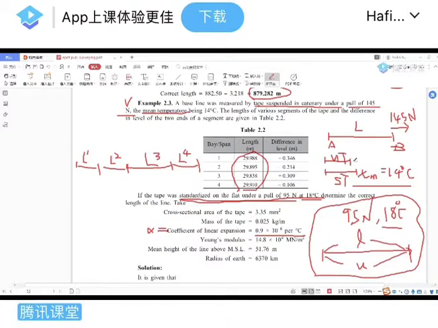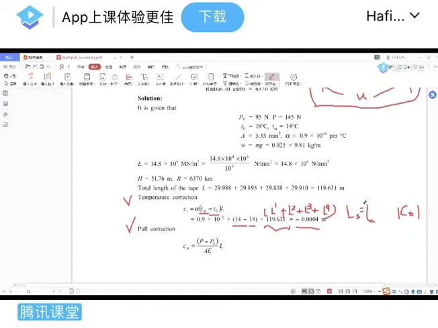So if you use this one as your tape to do the measurement, you get something longer because your error is over here. So you overestimate in comparison to this one. You overestimate the physical distance, so you have to deduct it. So I can easily tell this is a nominal one, and I have to deduct it over here. That's the reason I put minus over here.